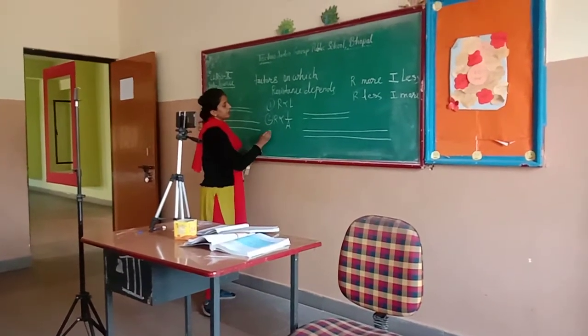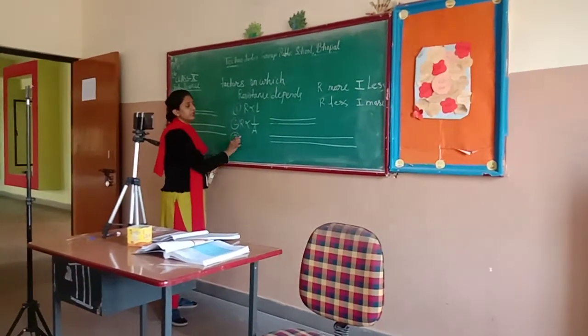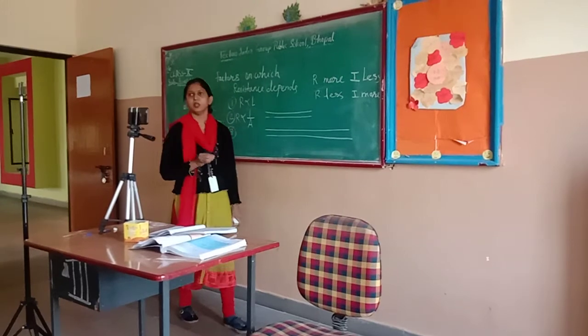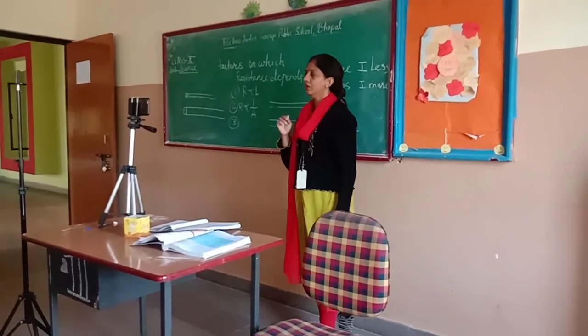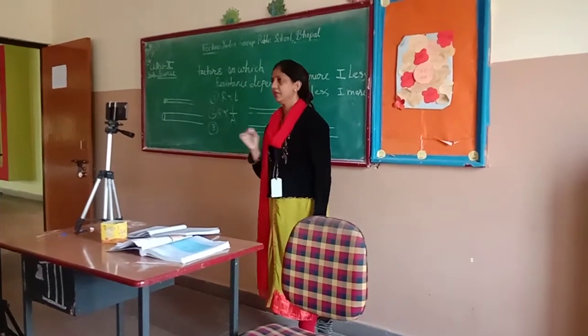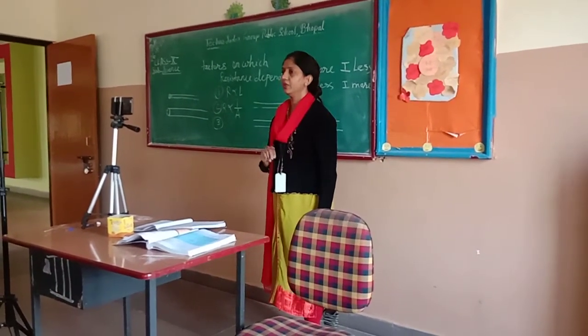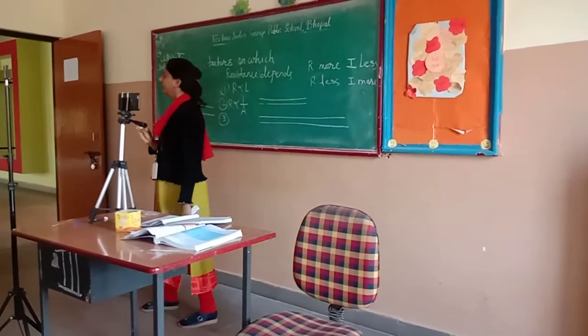These are the factors on which resistance depends. The third factor is the material. What type of material have we taken for the conduction of the current? If we have taken a copper wire and a silver wire, which is the best of these two?